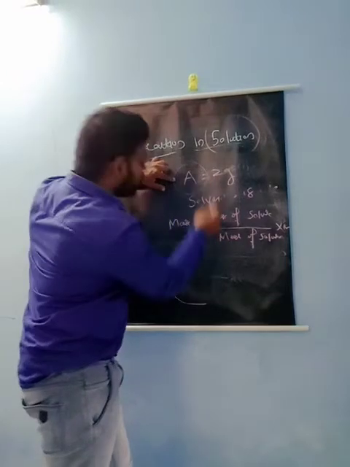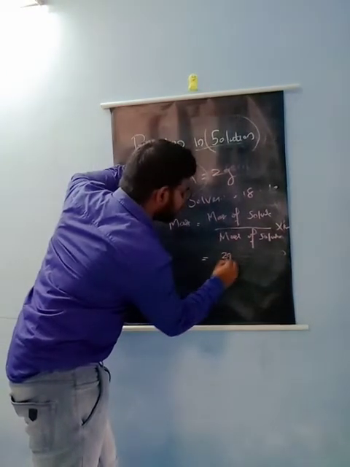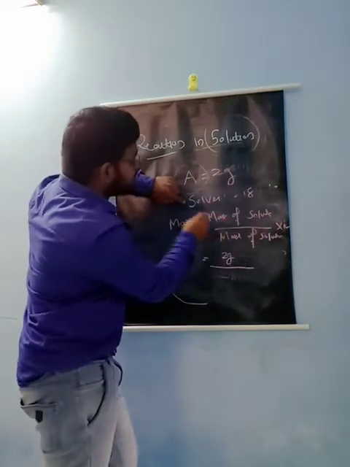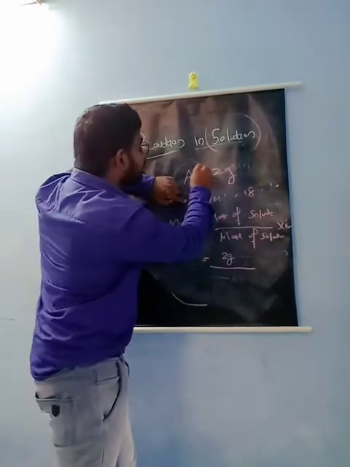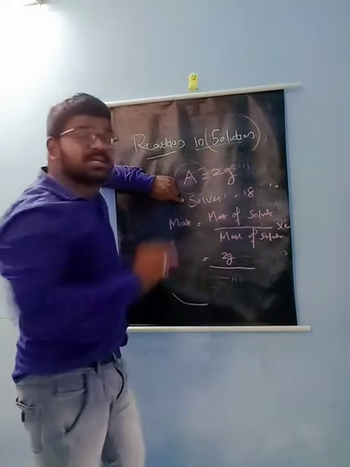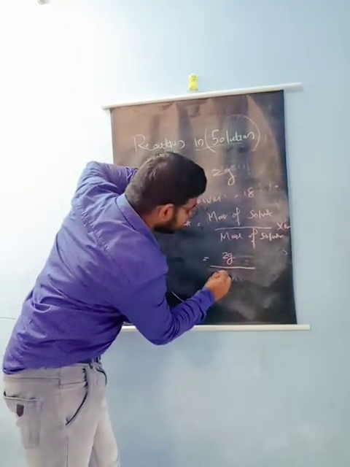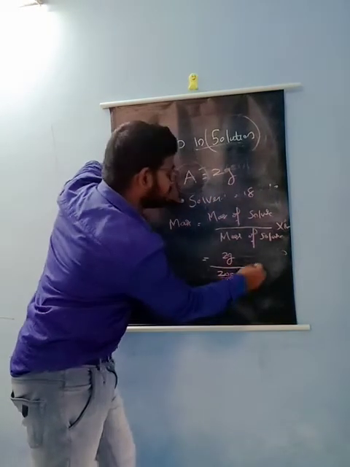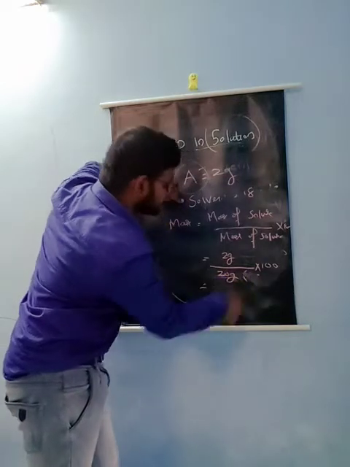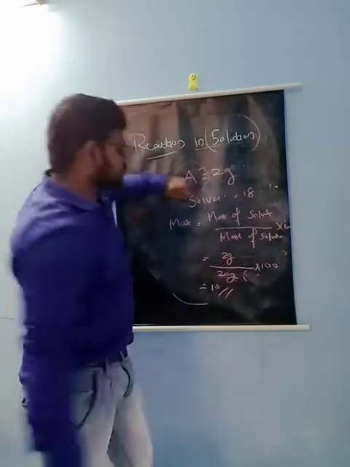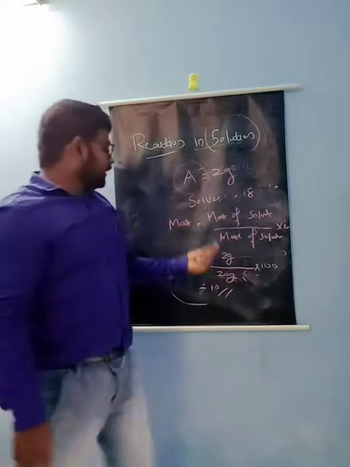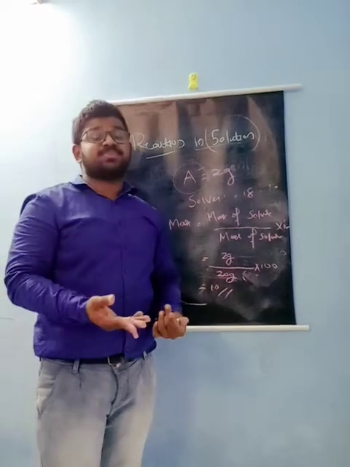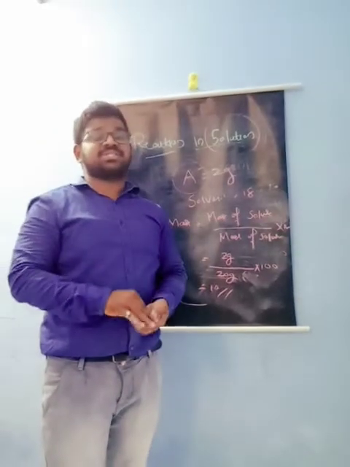So here the mass of solute is equal to 2 gram and the mass of solution is equal to mass of solvent plus mass of solute, that is 18 gram plus 2 gram. So we will get 20 gram, into 100. So this is 10%. So in mass percentage we can calculate the mass percentage of a particular solute present in a solution.